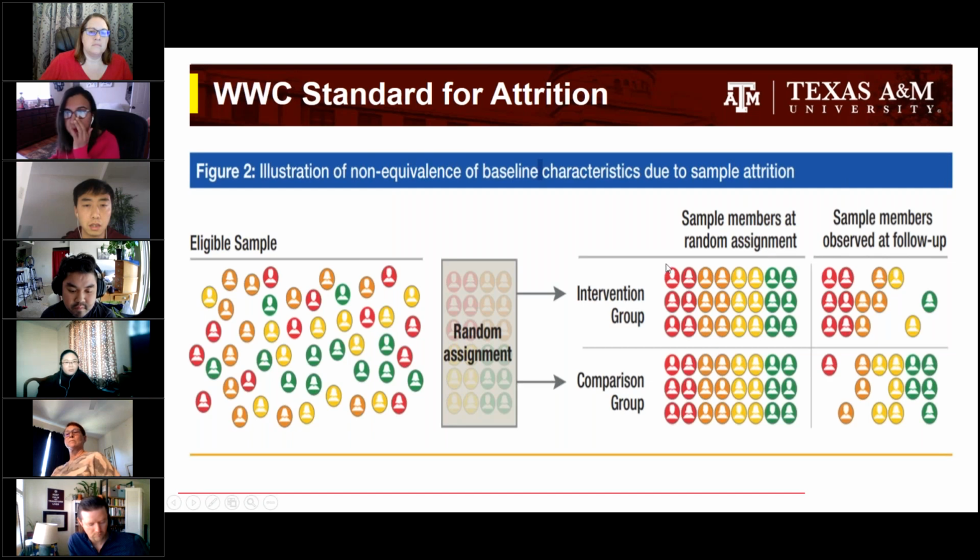Also keep in mind that randomization helps you have treatment and control participants with a similar level of observed and unobserved characteristics. So it's not necessarily that these ones are high achieving and these ones are low achieving, and maybe there are other unobserved variables.